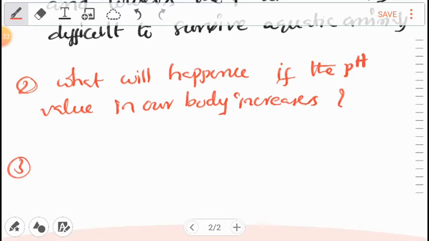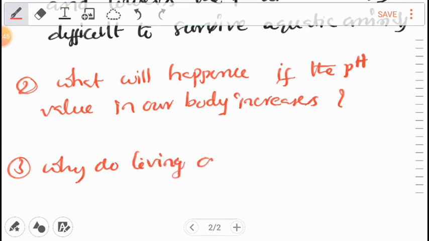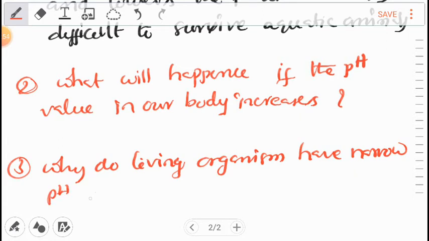Third question, another question I will ask you: why do living organisms have a narrow pH? In the sense, what will happen when the pH in our body changes? First question.